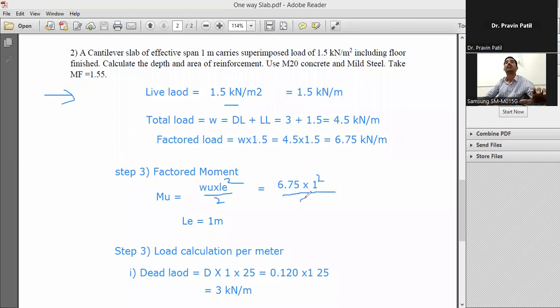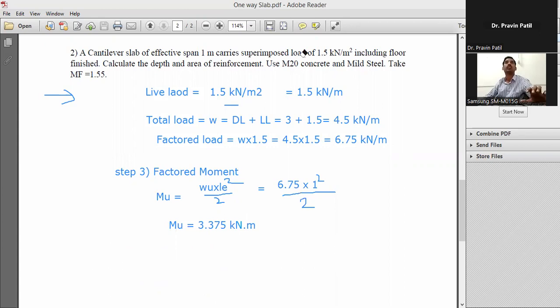This will be the factored moment. So we get Mu is equal to 6.75 into 1 square divided by 2, which will be 3.375 kilonewton meter.